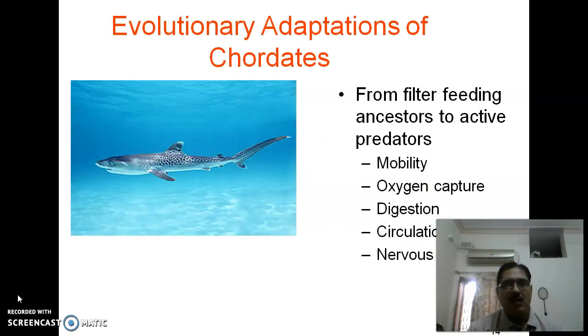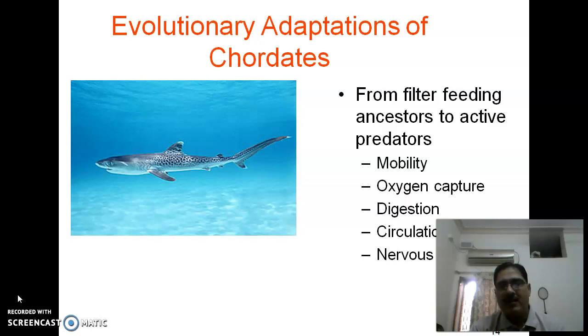There are certain evolutionary adaptations which make chordates more complex and they are better adapted than their predecessor. Earlier predecessors were filter feeders, and from the filter feeding habit they became active predators.